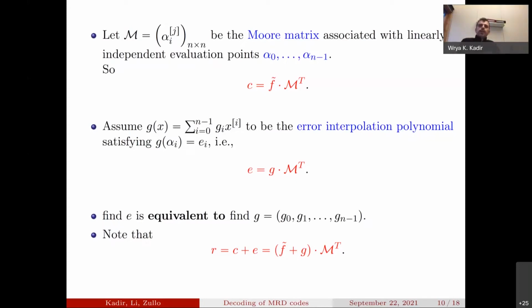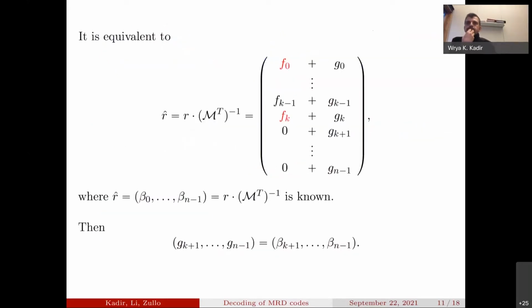The previous equation can be written in this way, because we know R, since this is a received vector. We know M, which is the Moore matrix associated to the evaluation points. I have to mention that this Moore matrix is invertible, so we can find the inverse of this matrix. So R tilde is known.